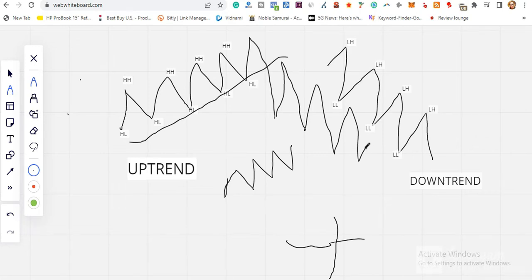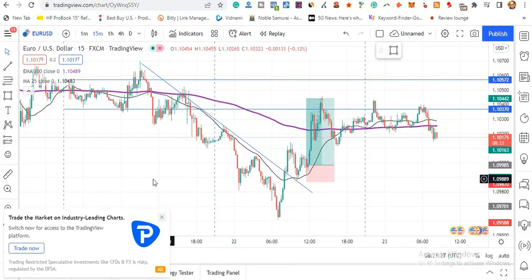So this is exactly what I did here. Let's go to my chart. We are still on EUR/USD. It happened here. In case you forgot what I told you, this is lower low, higher low, lower low, higher low, lower low, which shows that this is a downtrend.